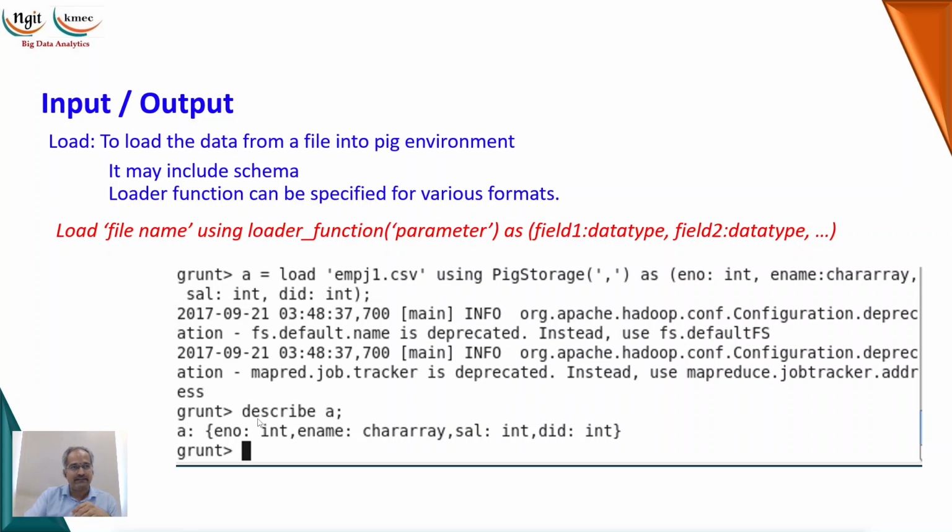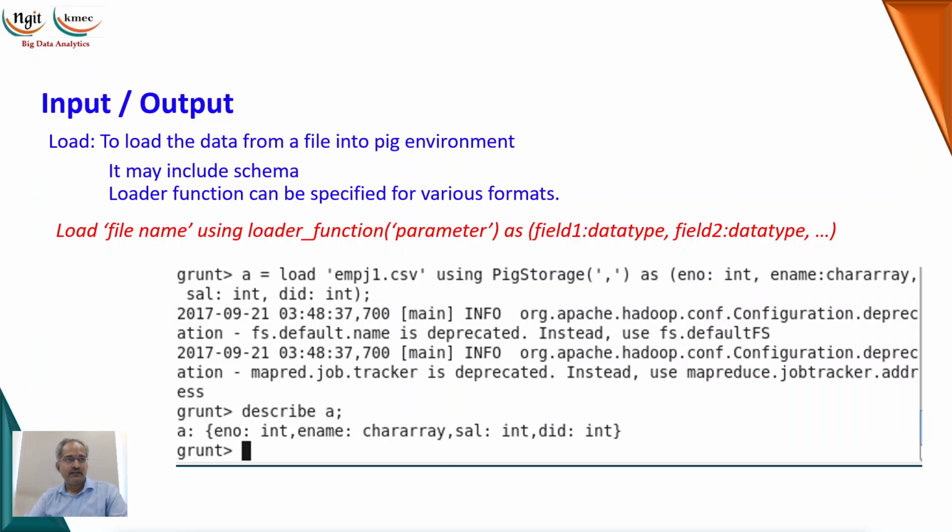Once you load the data set, you can give the describe command, describe A, so that it will give you the description of the schema. The schema has A as the relation name, and eno is int, ename is chararray, salary is int, did is the department ID, it is integer.